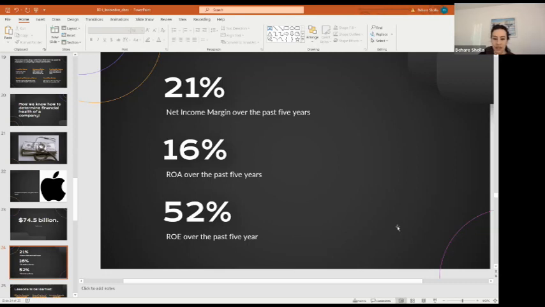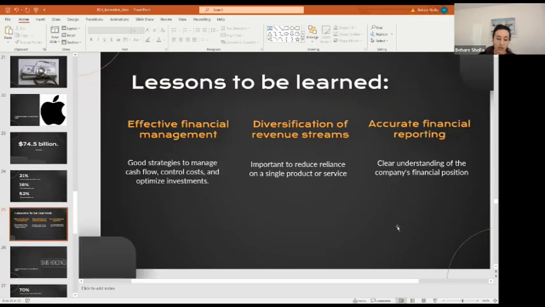This indicates that Apple is generating a strong return on investments in assets such as property, plant, equipment, or intangible assets such as trademarks, patents, and so on. So what we can learn from Apple is that it has effective financial management. It has good strategies to manage cash flow, control costs, and optimize investments.